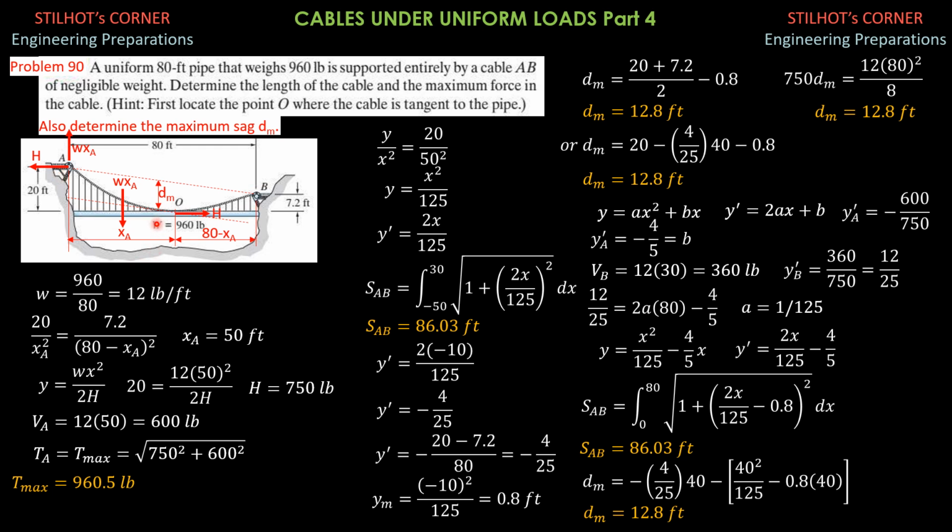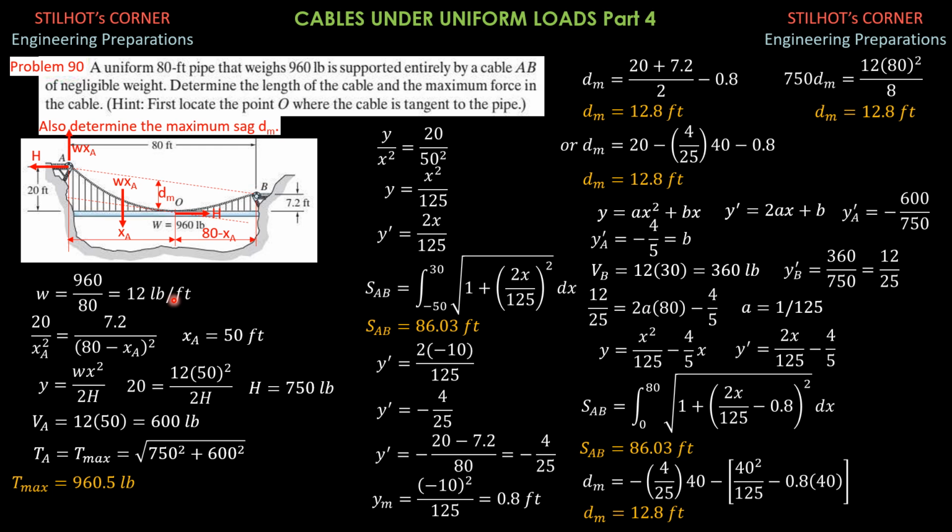Since the total weight of the pipe, which is carried by the cable alone, is 960 pounds, that means the distributed load is 960 divided by 80 feet. So that is 12 pounds per foot. That's the uniform load.